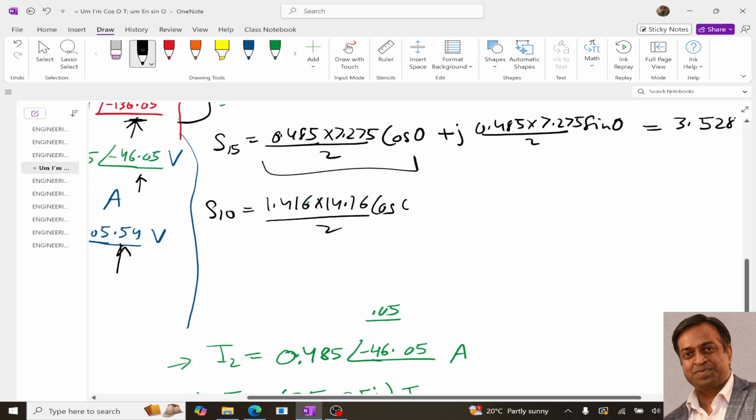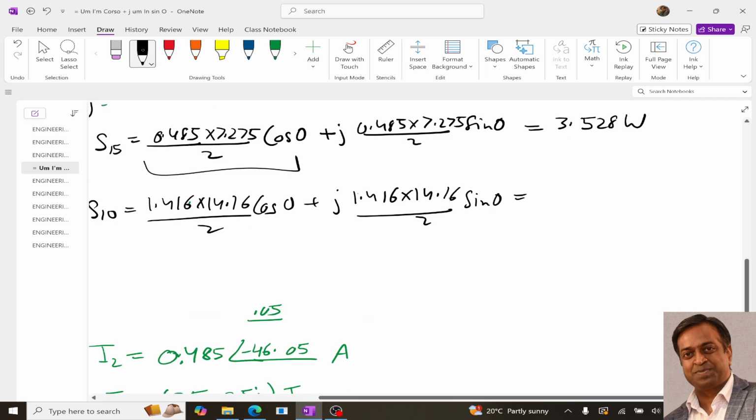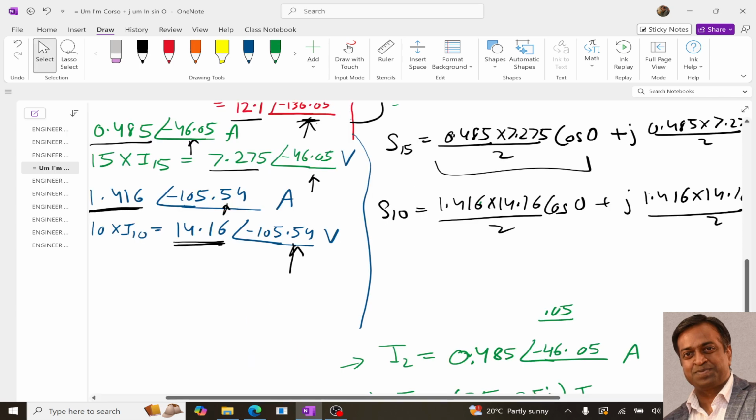So plus j 1.416 into 14.16 upon 2 sine 0 equals to, so it will be S10, it will be 20.05. So these are the 4 complex powers.